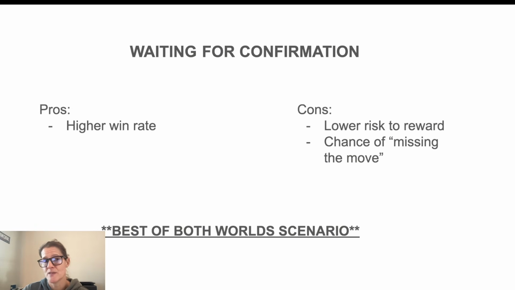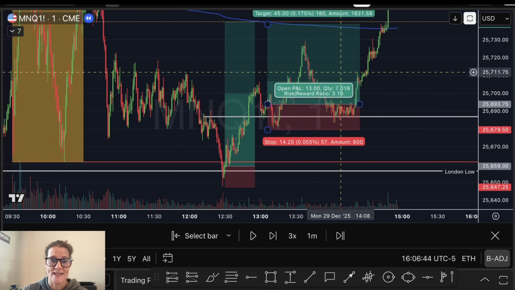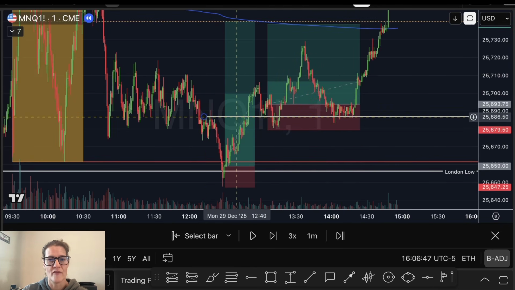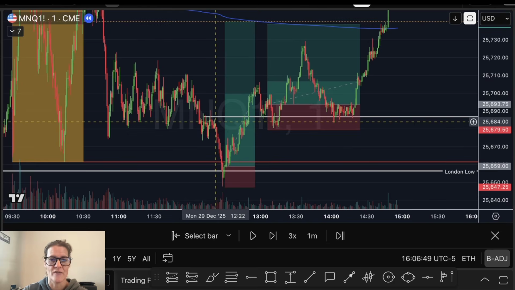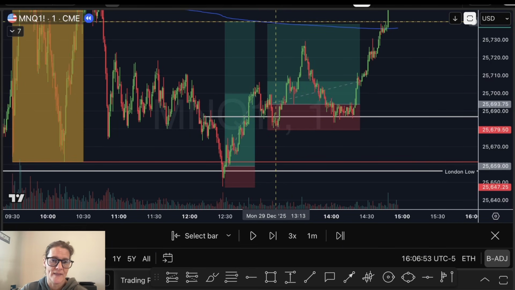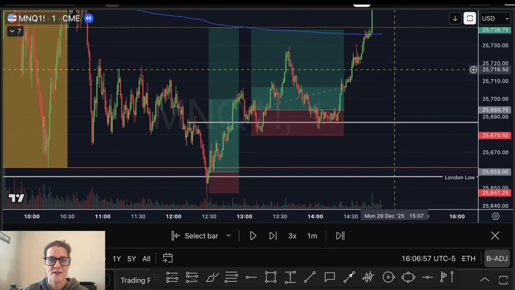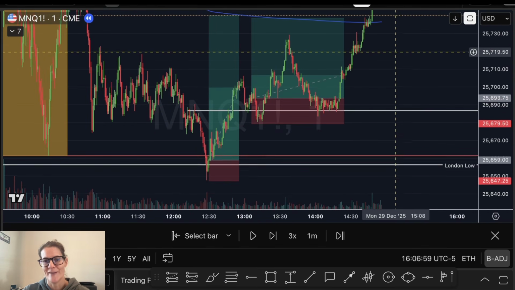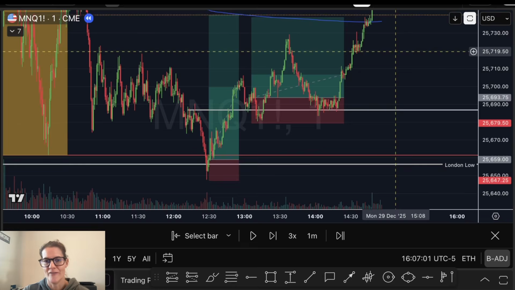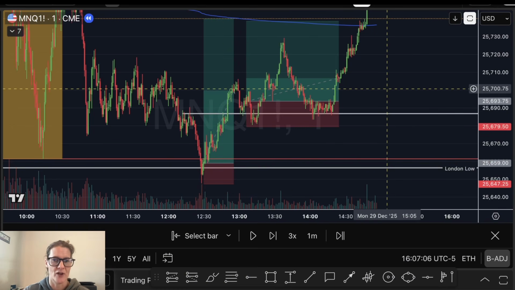But there are times where, in this case, if you're waiting on this example number 2, you're waiting for confirmation for it to break above this level, and then it just shoots right up to your target, and you never get that pullback and chance to enter. So that happens sometimes. But you also have the pro of the fact that you maybe missed out on some losses if you were trying to catch a falling knife.